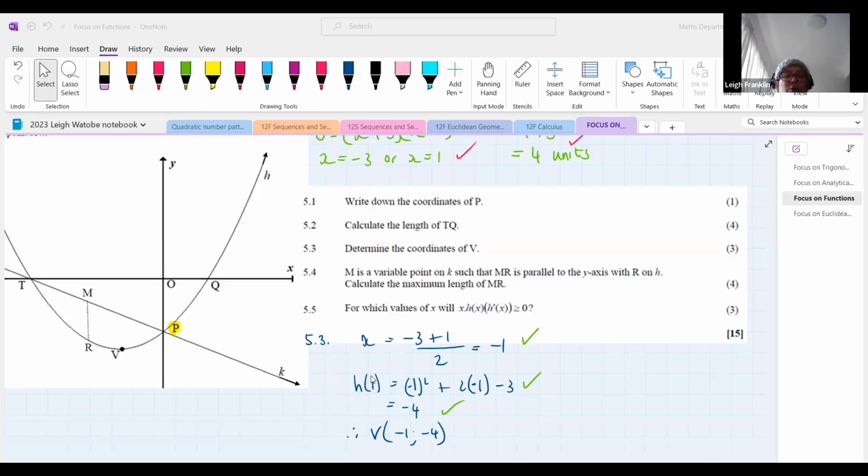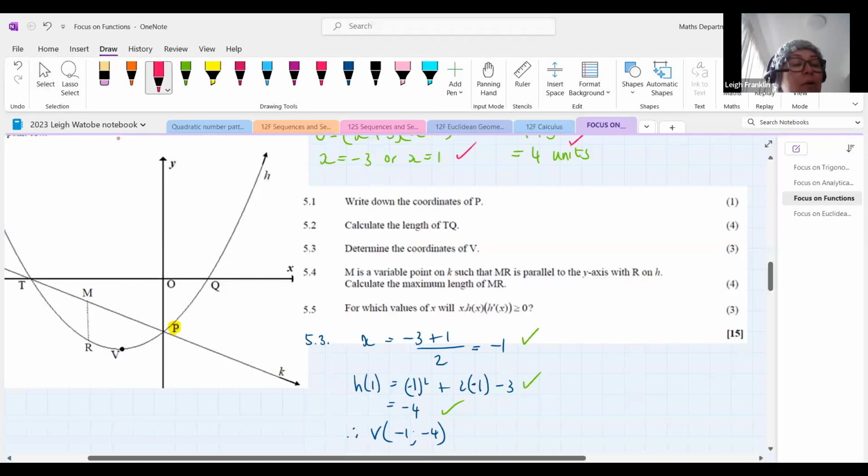Now, the reason why they say the maximum length of MR, what they mean here, Msomi and everybody else, is that the length of MR can change. That's why they're saying that M is a variable point.